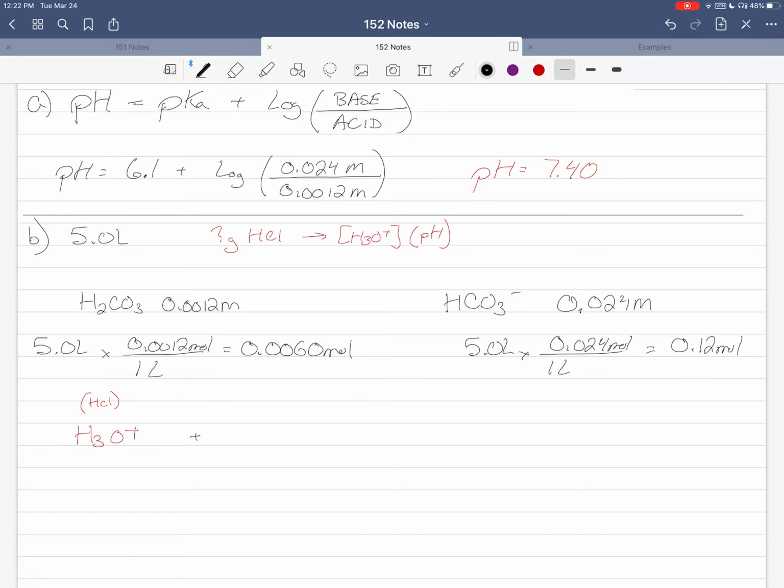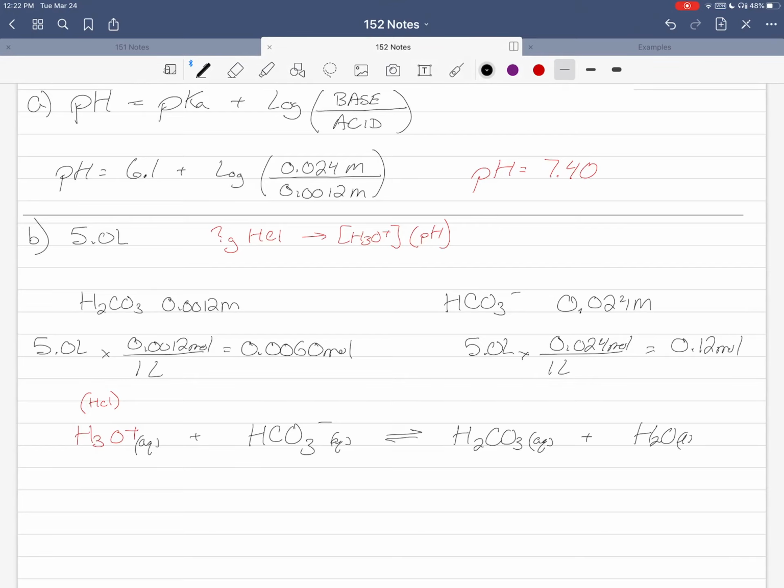Well, which one's the base? Bicarbonate can accept a proton. Carbonic acid cannot accept a proton. So it's going to react with HCO3 minus, and we're going to go to H2CO3 and water.